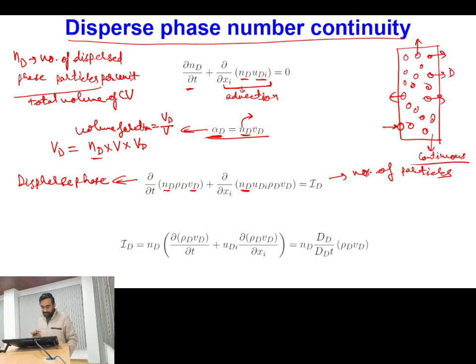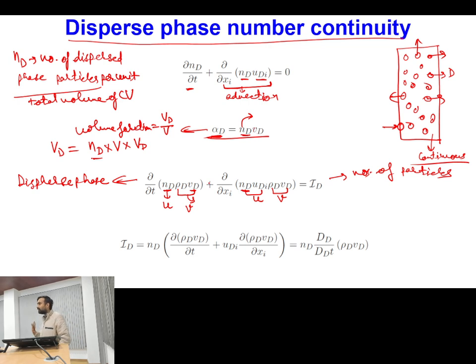Now a little bit of manipulation. What I can do over here is consider rho d into Vd as one variable V, and Nd as another variable U. Similarly here, rho d into Vd is V, and this whole term is U. If I now apply the separation of variables rule, ultimately I will get one equation in terms of the derivative of Nd, and another equation in terms of the derivative of rho d into Vd.